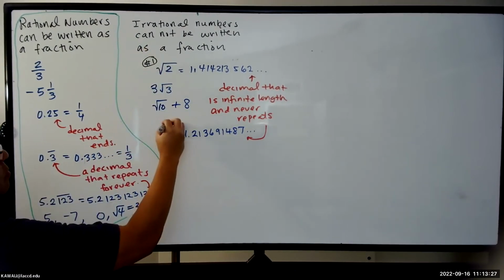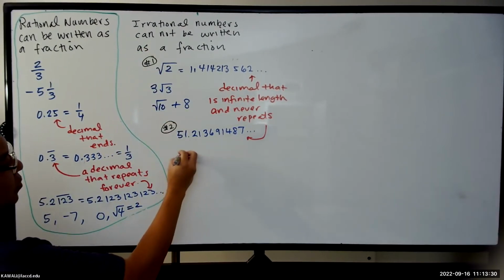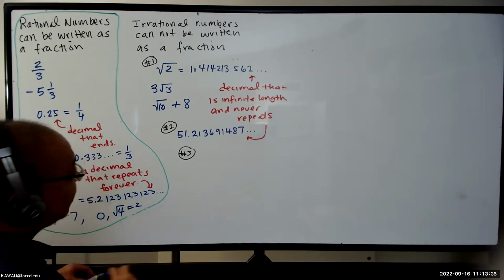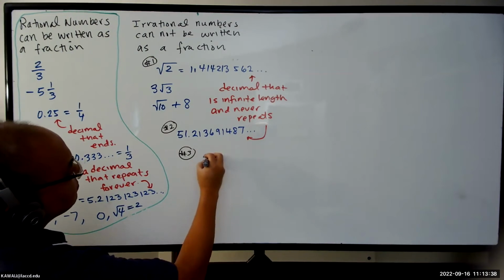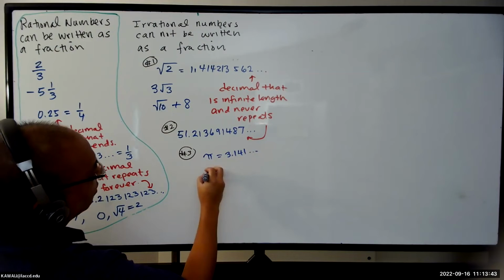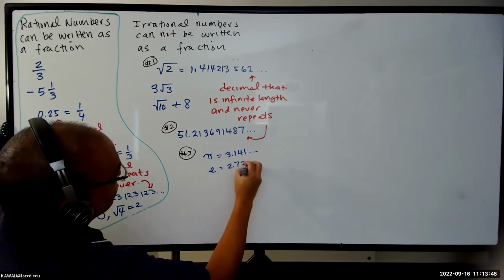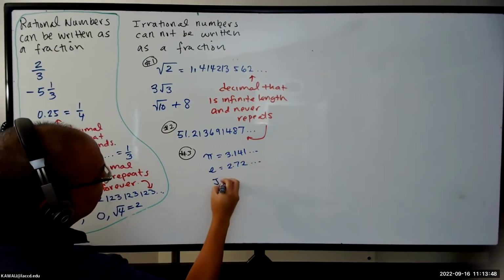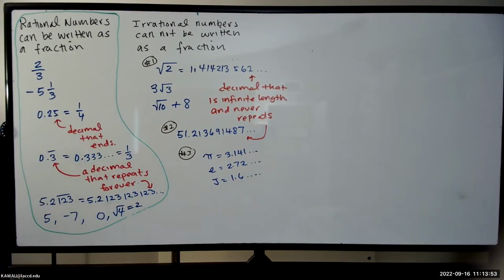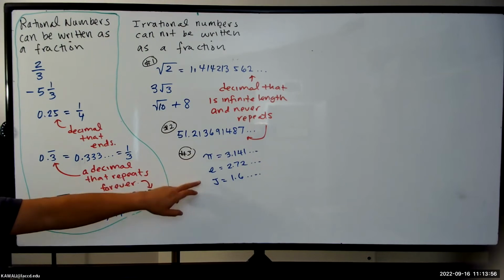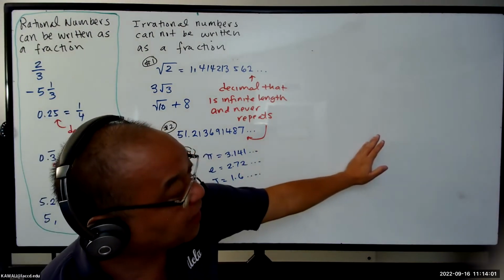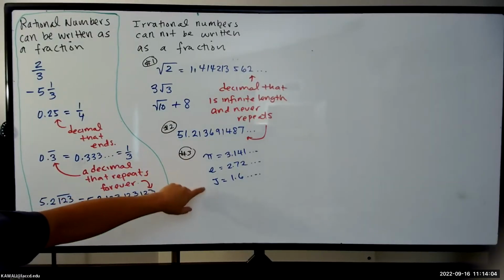So here is number 1. Here is number 2. And number 3 are basically Greek letters. So if you have something that looks like pi, pi is equal to 3.141... Or e is equal to 2.72... And sometimes they may have tau, 1.6... Okay, so if you see a Greek letter, because this number has infinite precision but never ends, they give it a name, kind of like Prince.